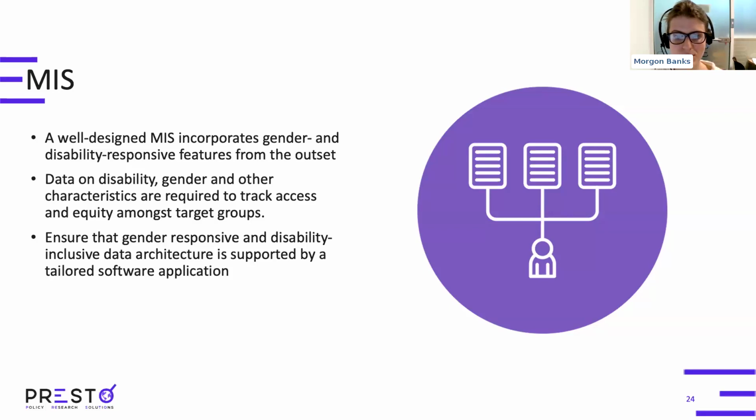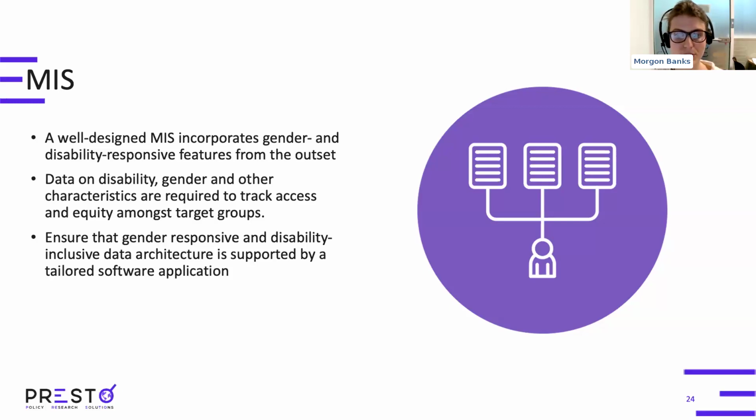So in order to have an inclusive MIS system, it's important to have data on disability and gender. Sex is a commonly collected data, disability is less so. However, the advent of questions such as the Washington questions, which are 6 questions and relatively quick to ask, can help to improve data on disability in MIS systems.